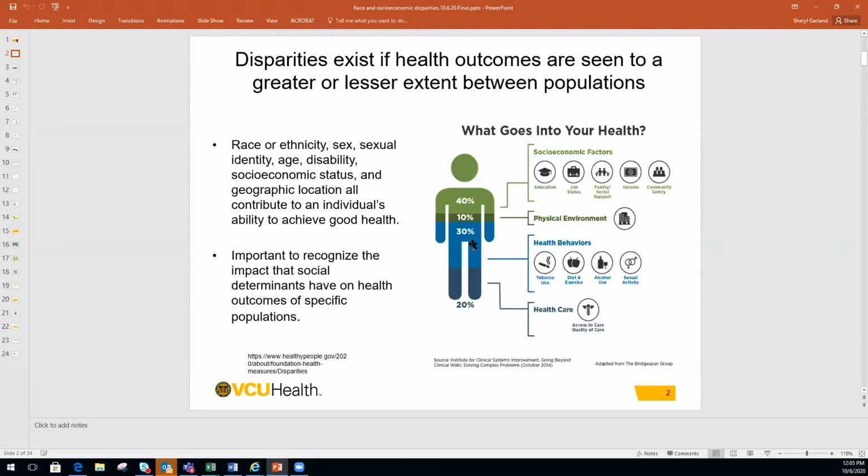And if you think about healthcare, it represents about 20% of the factors. That is, do you get access to care and do you have access to quality care?